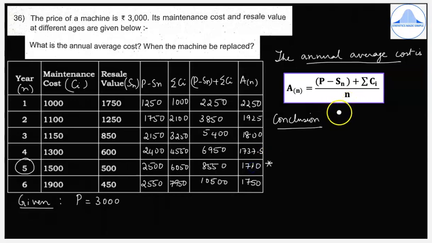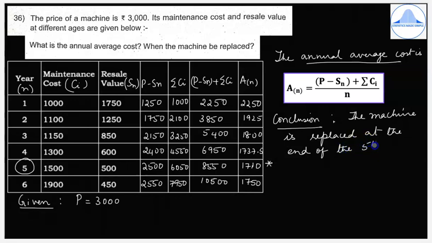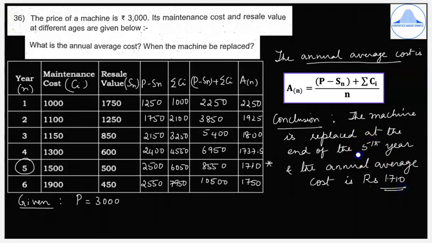So the conclusion will be: the machine is replaced at the end of the 5th year and the annual average cost is rupees 1710, and the machine is replaced at the end of the 5th year.